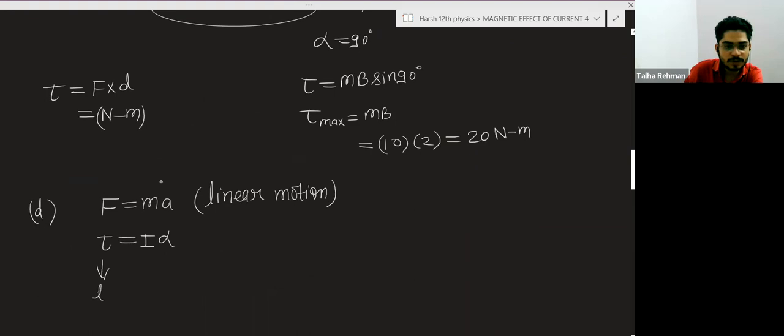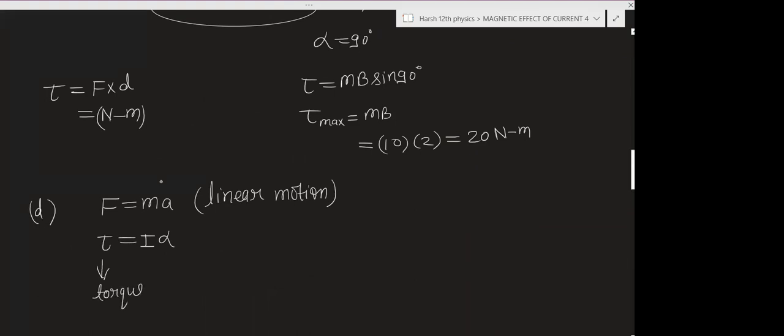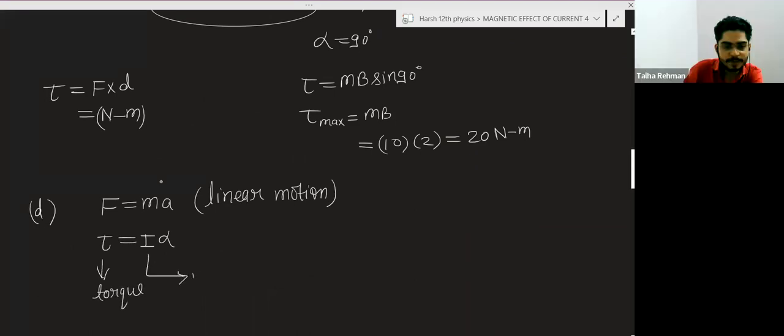This tau is torque, I is the moment of inertia, and this alpha is something different.